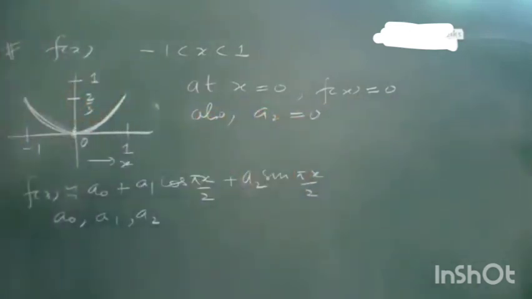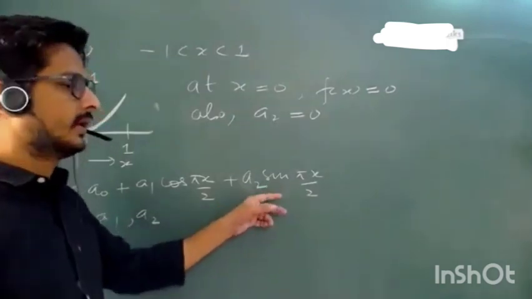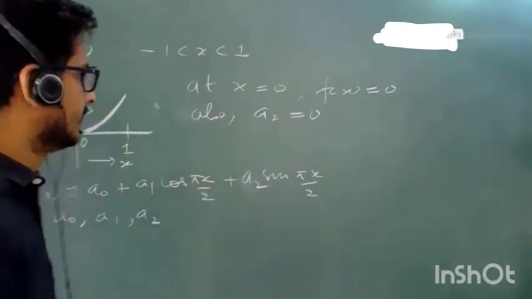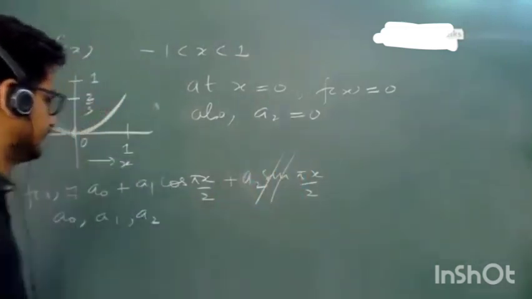Do you agree? Yes, sir. Why? Because this function is symmetric about the y-axis. So this is an even function. So a2 should not exist. Correct? So my series became this.